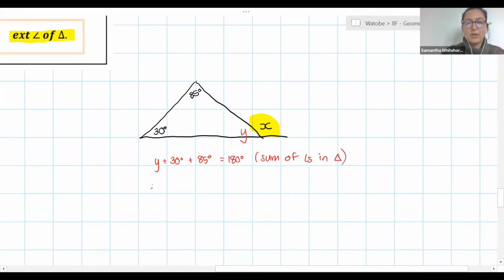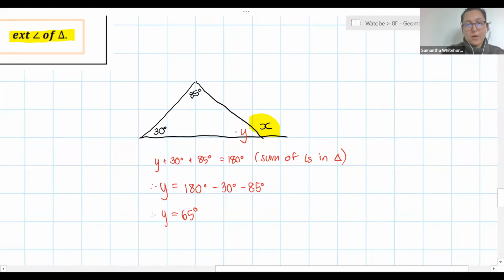Now that we know how to do because we've been doing lots of that. And so what we get there is that Y is equal to 180 minus 30 minus 85. So this is a concept that we know how to do. We've been doing it, nothing new there. And so we get that Y is equal to 65.